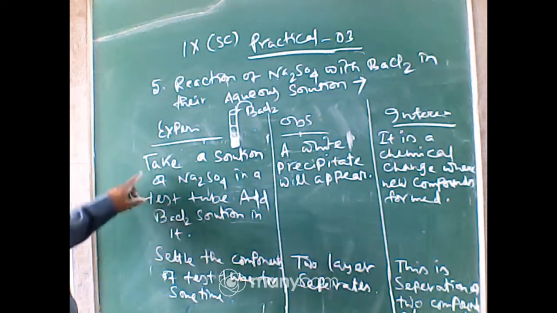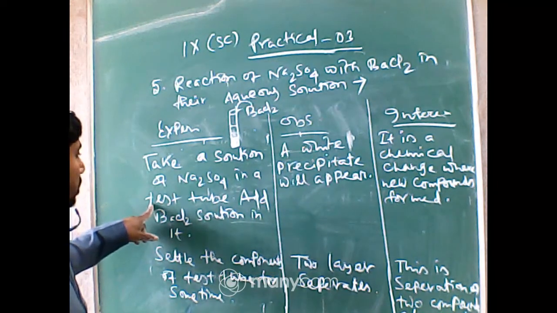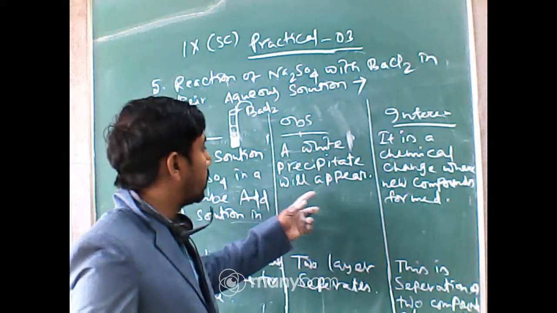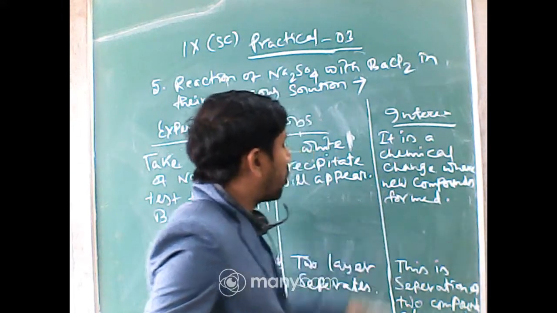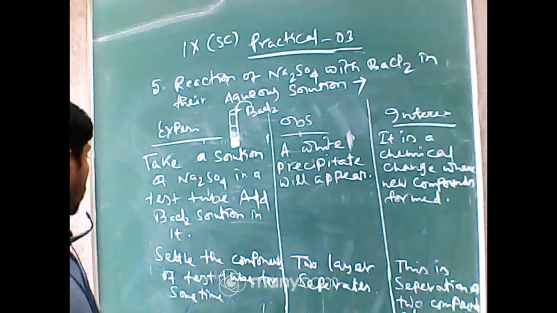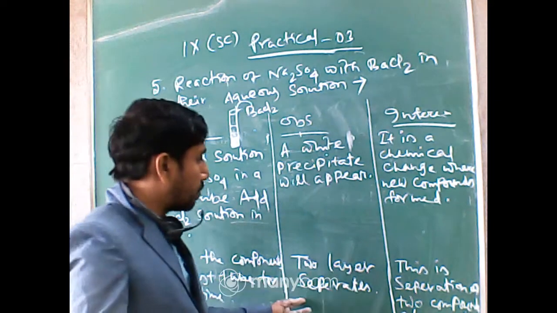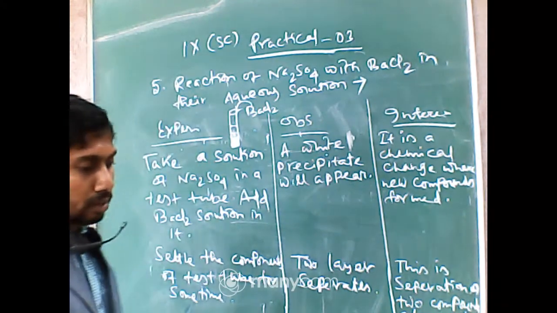I am repeating once: take a solution of sodium sulfate in a test tube, add barium chloride solution in it. A white precipitate will appear. It is a chemical change where new compounds are formed. Settle the components of the test tube for some time. Two layers separate. This is the separation of two compounds after reaction.